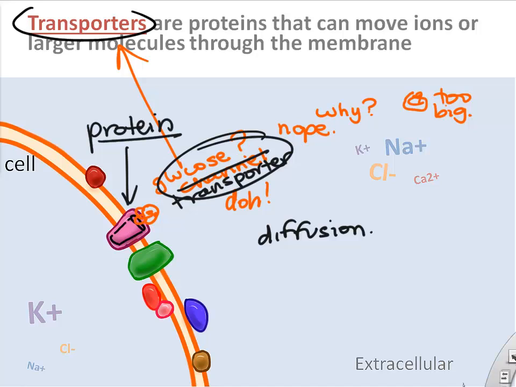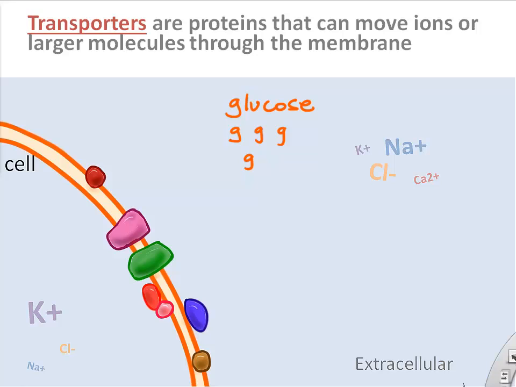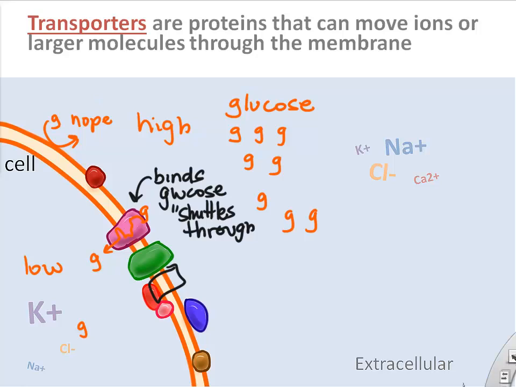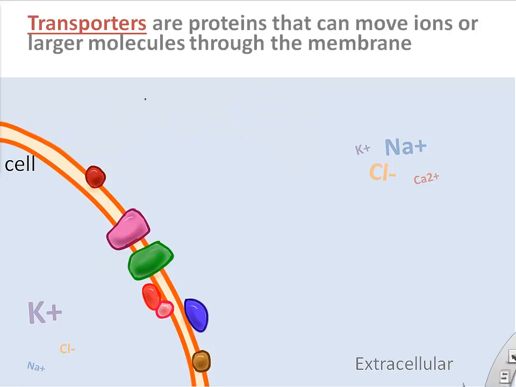Since most of the time glucose is high on the outside of our cells, say after you eat a Snickers bar, glucose is floating around outside your cells, that little transporter protein for glucose will grab the glucose, bind it, and shuttle it through the phospholipid bilayer. So again, it's a little different from a channel, and glucose wouldn't otherwise be able to get into the cell.